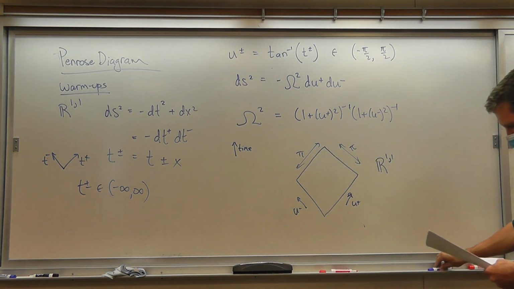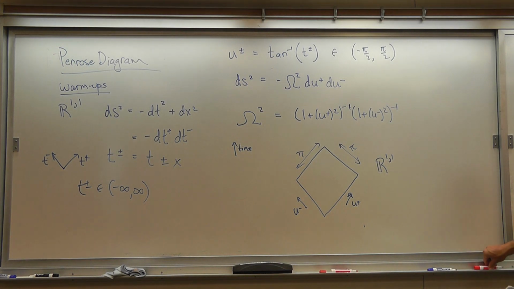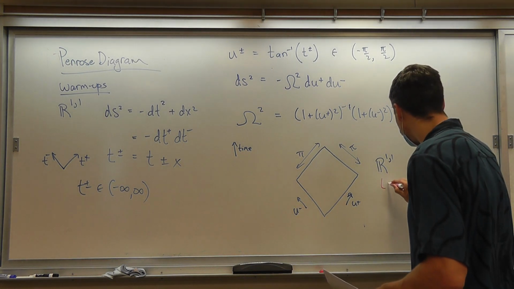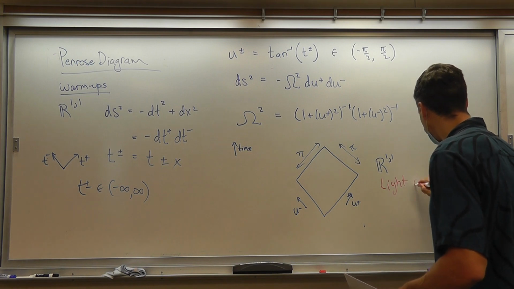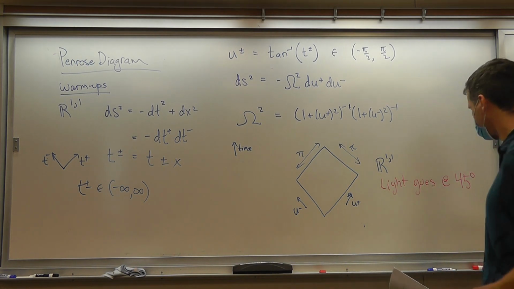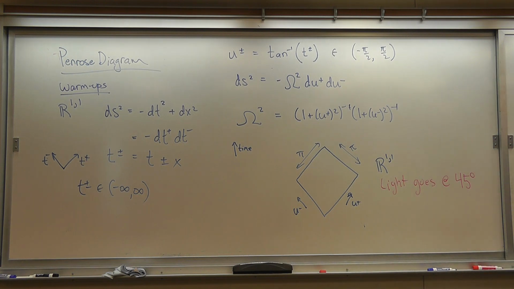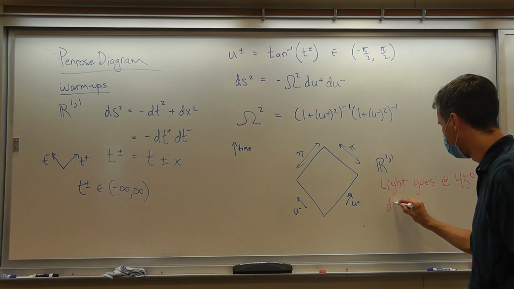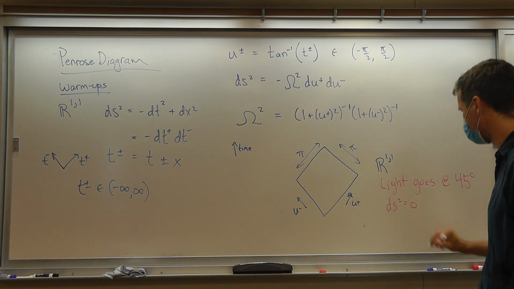What's special about it and what makes it a Penrose diagram is that light goes at 45 degrees. Okay, so let's check that. A null ray has ds squared equals 0.